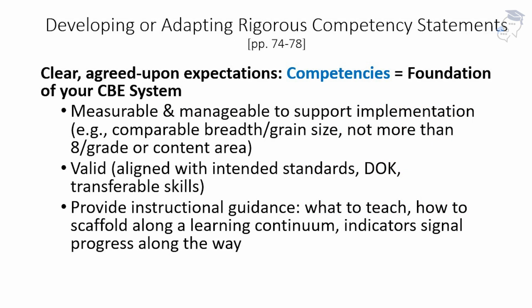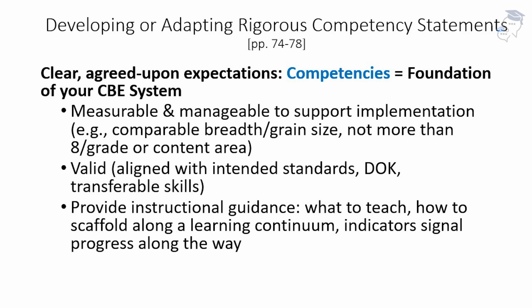In other words, they're aligned with the standards you intended to align them with. They're aligned with the DOK levels you intended. And you can transfer these skills to other learning situations. The bottom line is your I can statements are going to provide instructional guidance. Now you're going to know what to teach, how to help scaffold along a continuum, and how to measure progress.